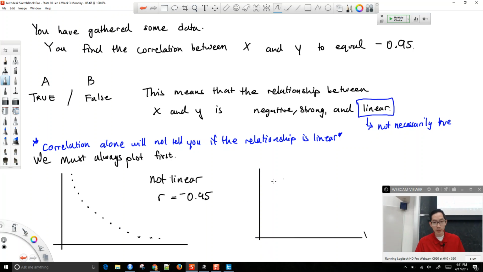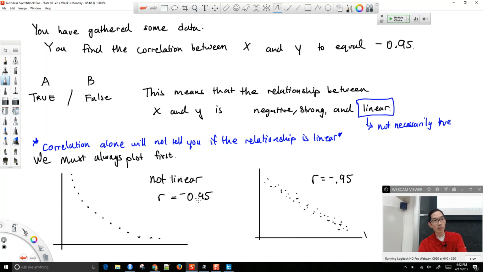If you have something like this, sure, you can say the relationship is negative, strong, and linear. R here would be negative 0.95, but this is not linear. So you can't assume that a relationship is linear just based on the R alone. R can be calculated for any data set, really, any two numeric variables.